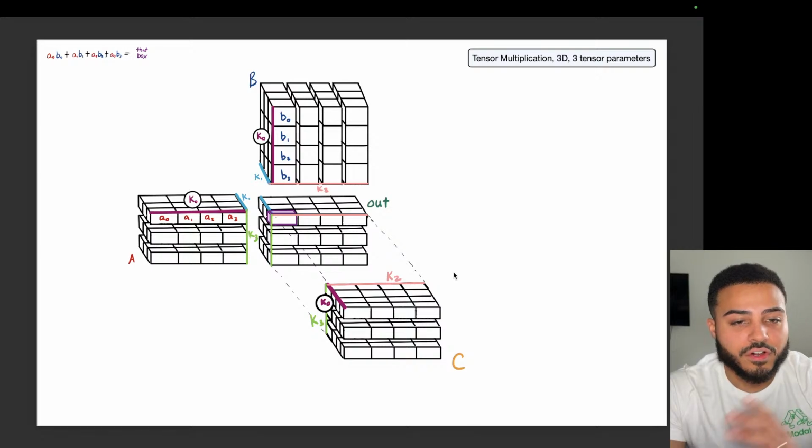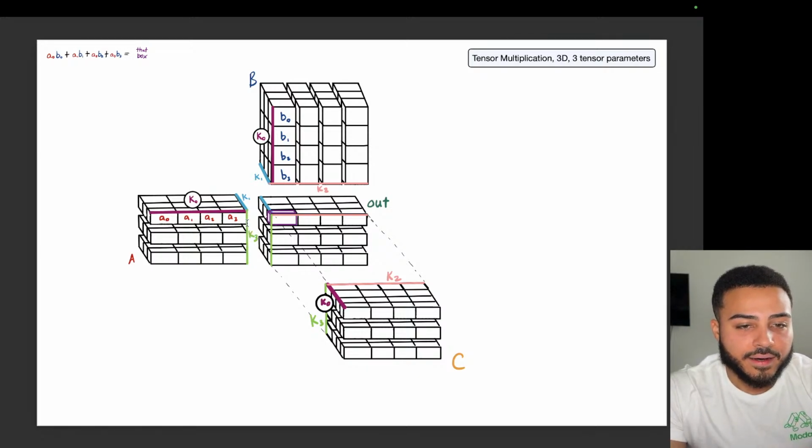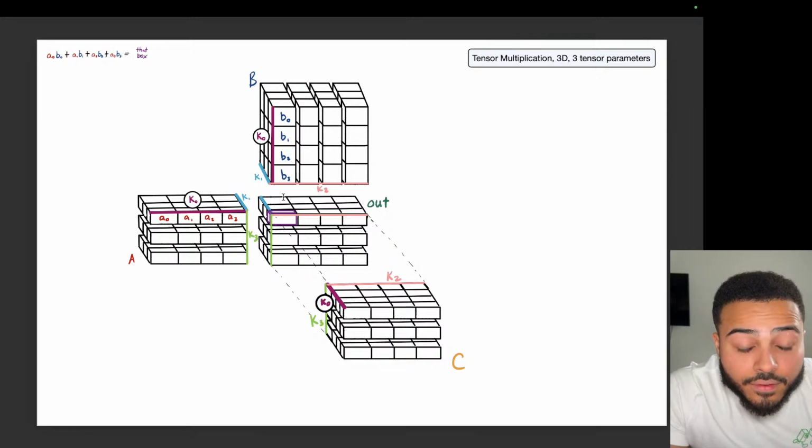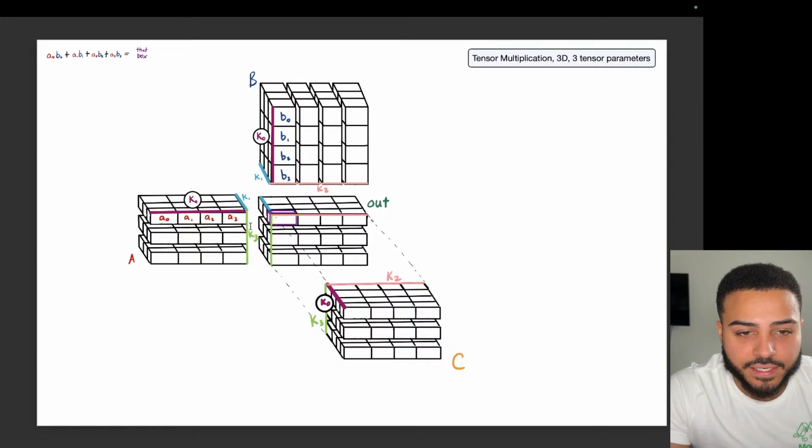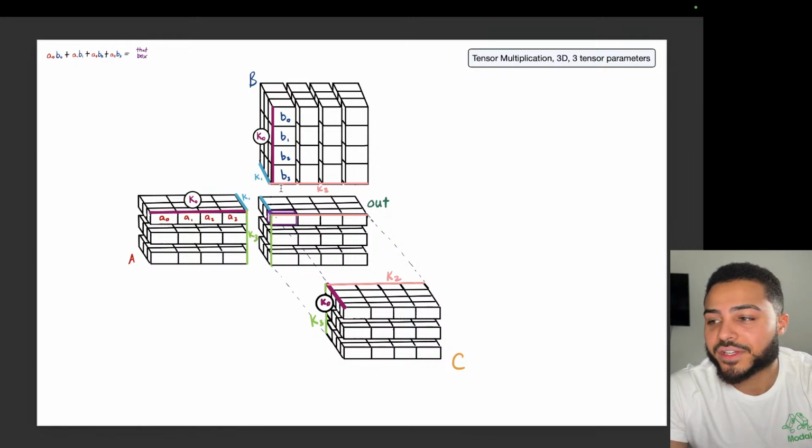then circling back, we realize that that third dimension of A doesn't have to match this third dimension of B. This just happens to be 3 by 3, but it doesn't necessarily have to match.